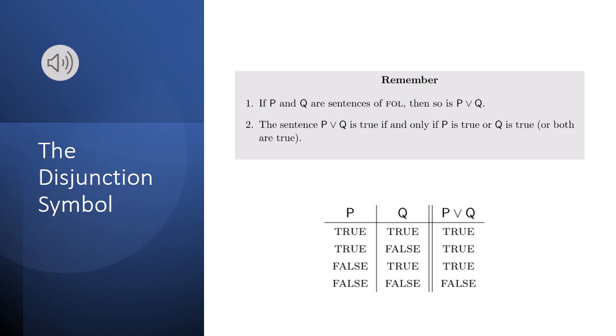If you provide me with two sentences, P and Q, they can be atomic sentences or complex sentences, then you can form a new sentence by writing down that sentence P, writing down the disjunction symbol, and then writing the sentence Q down. And that new expression that you've written down will, again, be a sentence, and you can feed it back into this definition and into the previous two definitions as well. You can start using it in the definitions for conjunction and negation, building up more and more complicated terms.